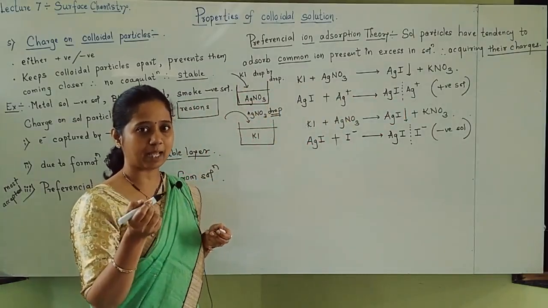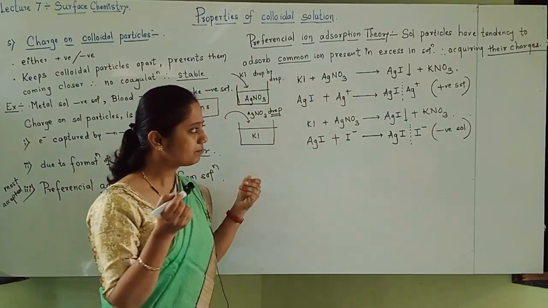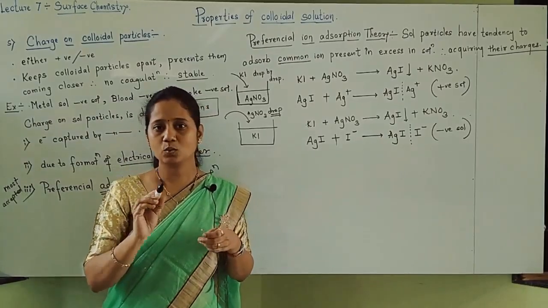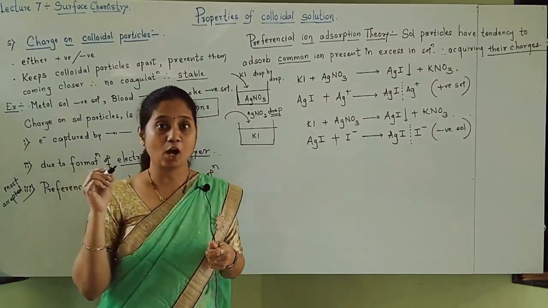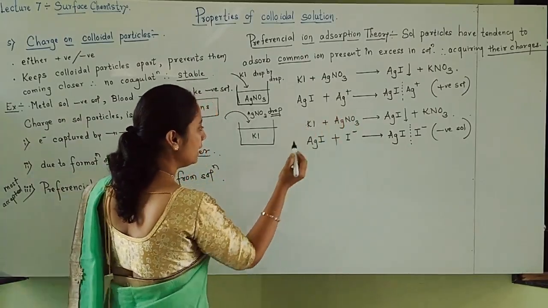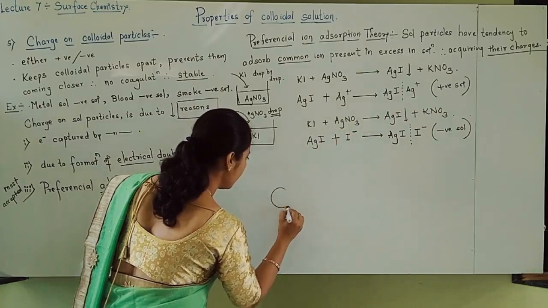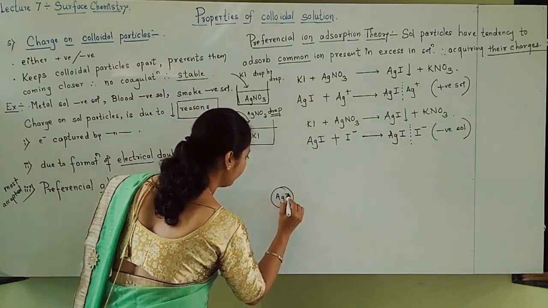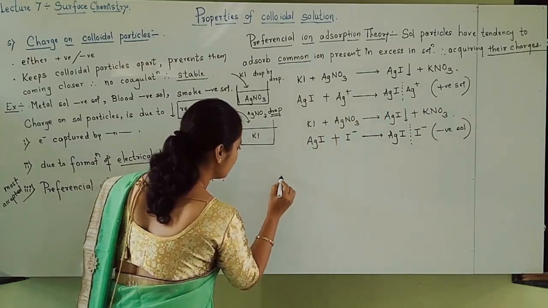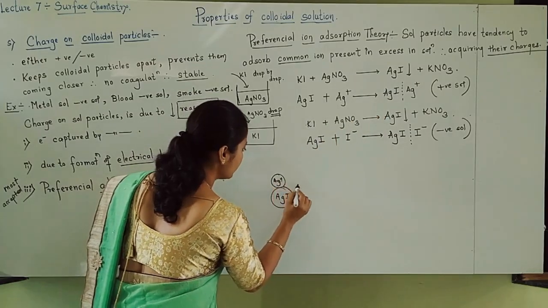Now afterwards what happens? See students. Afterwards, how the electrical double layer forms, that I will tell you. I will take the first example, AgI. See student, imagine that this is AgI. On AgI what is adsorbed? Ag plus is adsorbed.